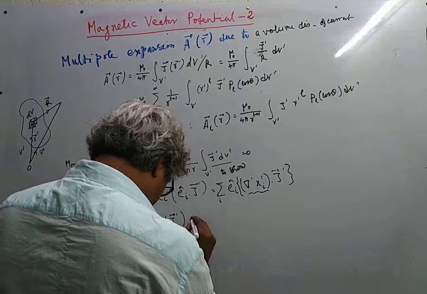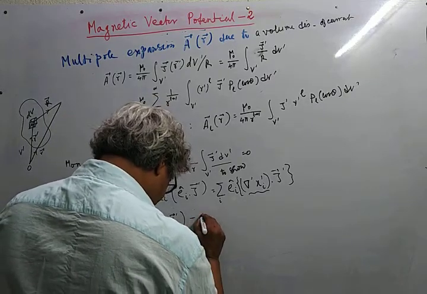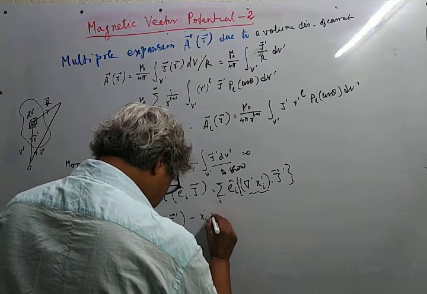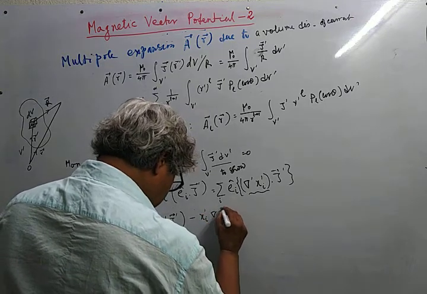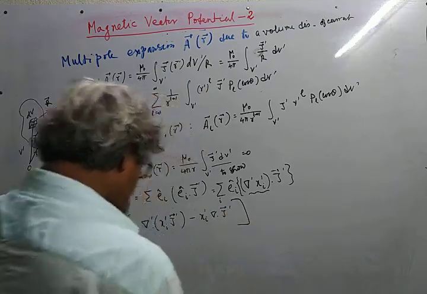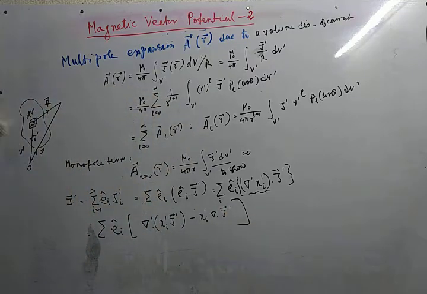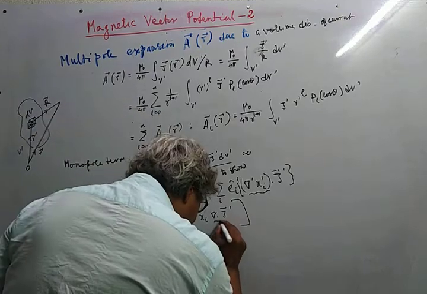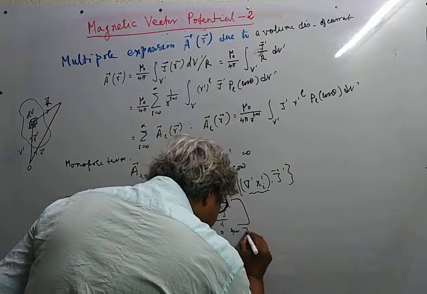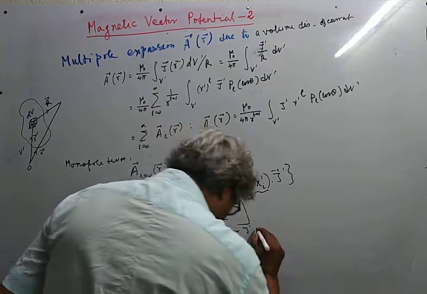That added term is, if the current is solenoidal, equal to 0 for J prime solenoidal.